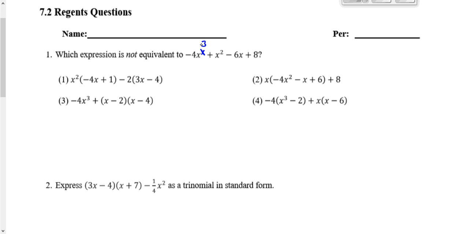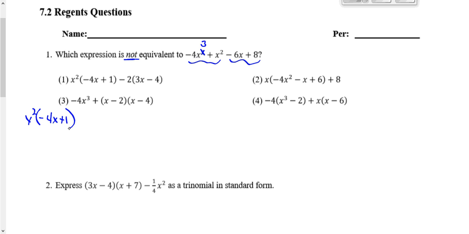Well, let's try factoring it by grouping, and see which one is not equivalent. So take that group and that group. What would be the GCF in the first group? I can factor out an x squared, which leaves us with negative 4x plus 1.